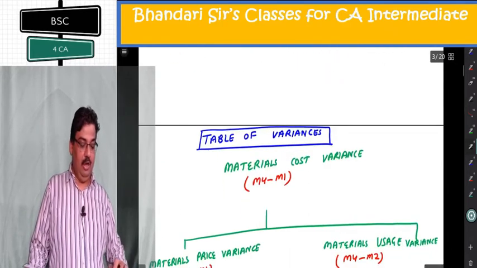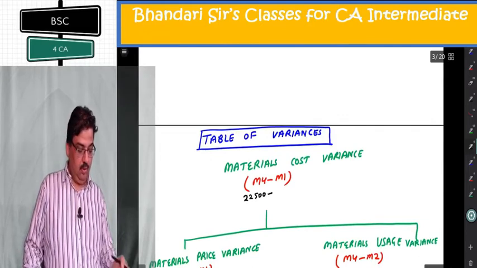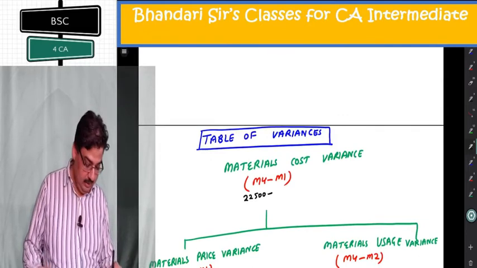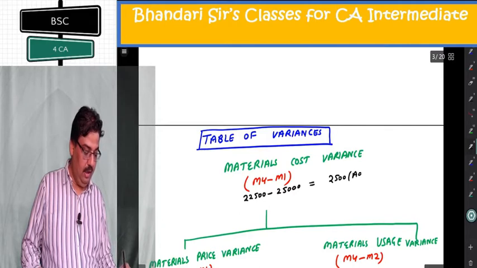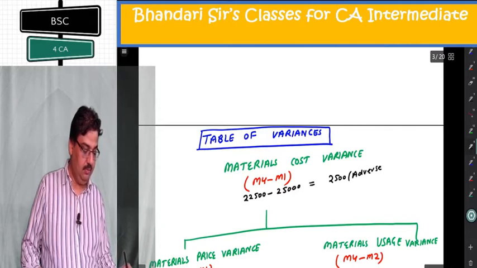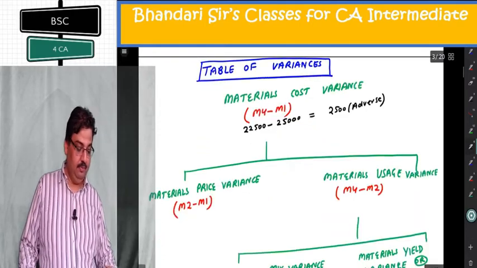The table of variances. M4 minus M1: 22,500 minus 25,000. This is 2,500 adverse. It is coming negative, so it is 2,500 adverse.